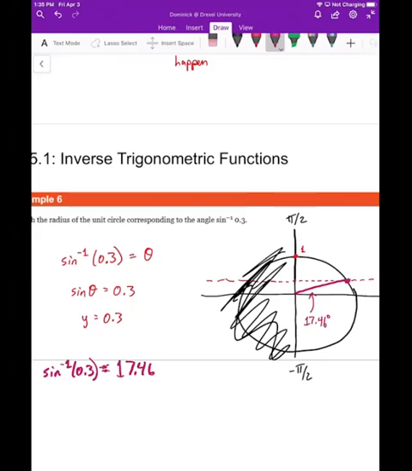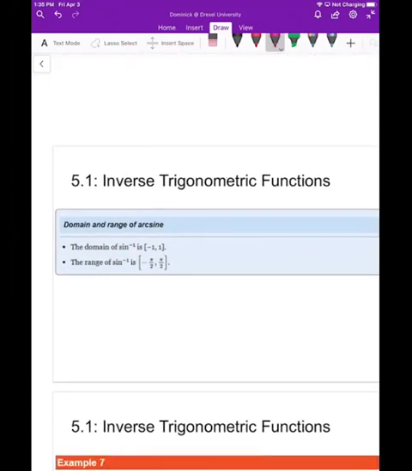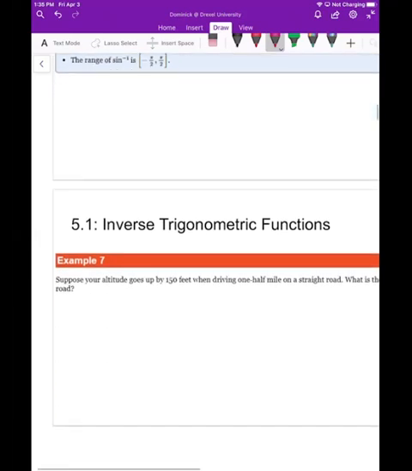All right, so that looks reasonable. There's a couple different ways that you could find that radius. And of course, this is stressing the idea that the domain of the arcsine is the range of sine, which is negative 1 to 1, and the range of arcsine is the restricted domain of sine, which is negative pi over 2 to pi over 2.